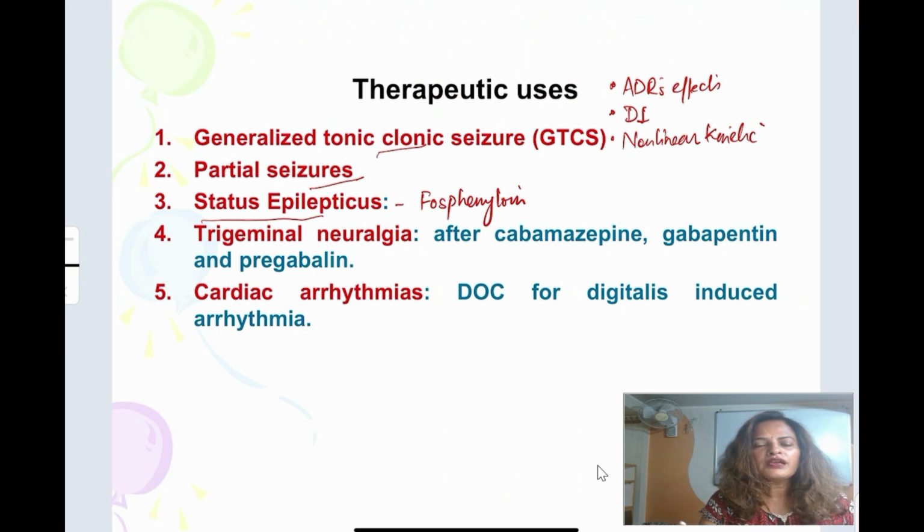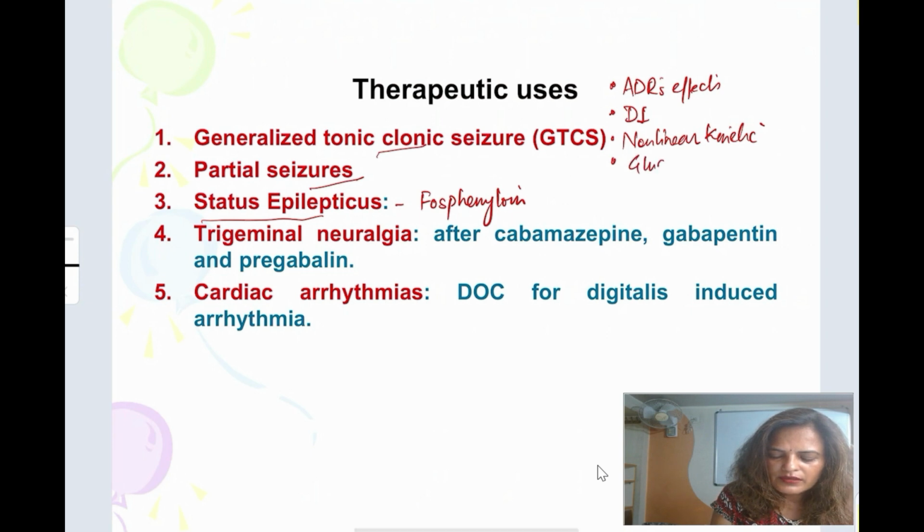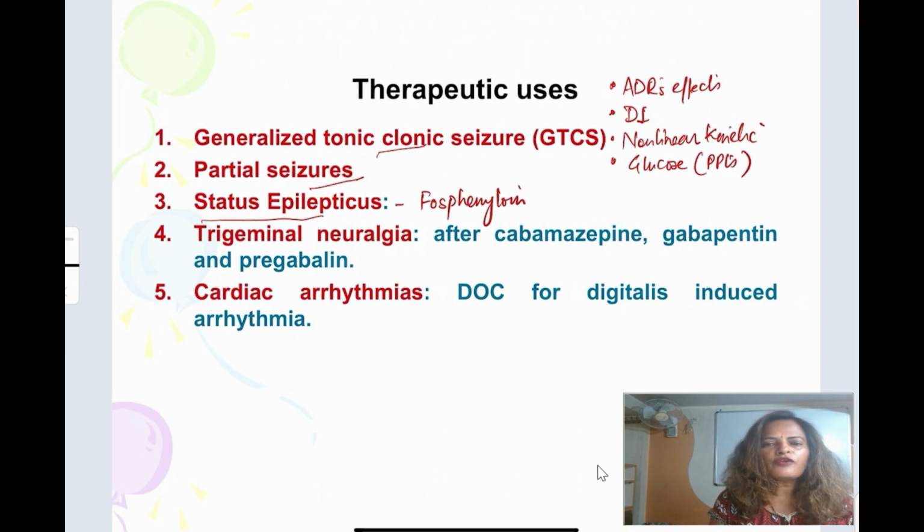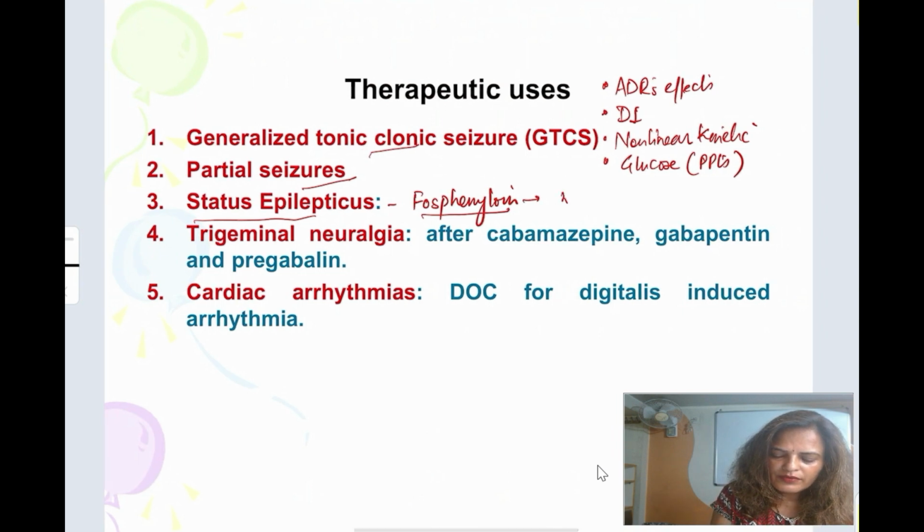completely replaced phenytoin, because phenytoin cannot be given with glucose, as it gets precipitated. So phosphenytoin has completely replaced phenytoin because it is water soluble.